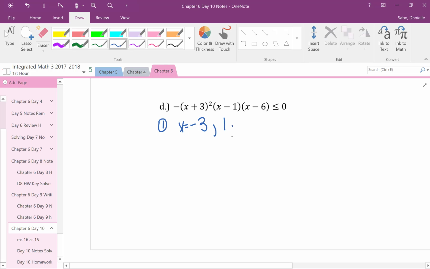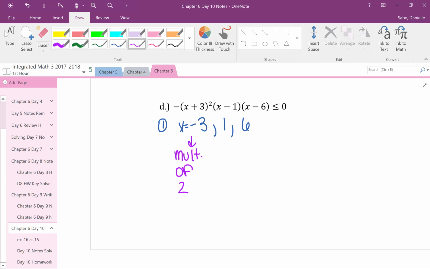Just +1, very good. Which one of them has a multiplicity? Good. This is a huge thing that you're going to need to know. This guy has a multiplicity of 2. Why? Because it's squared. That means that it's going to bounce off that x-axis.